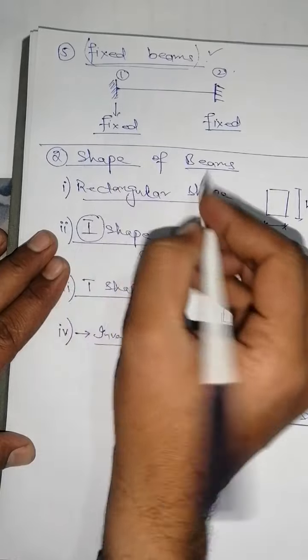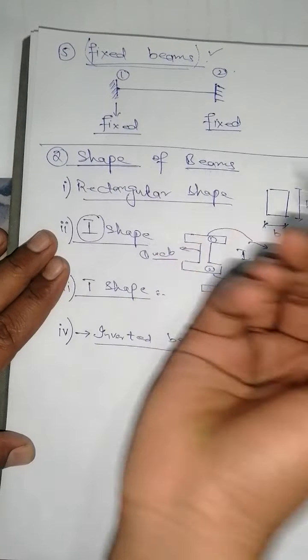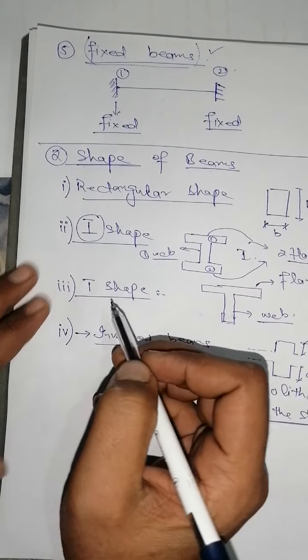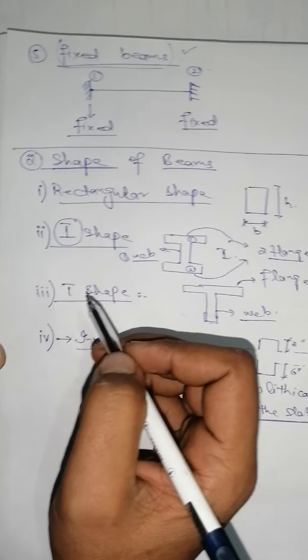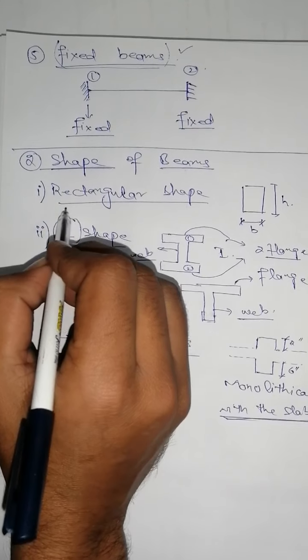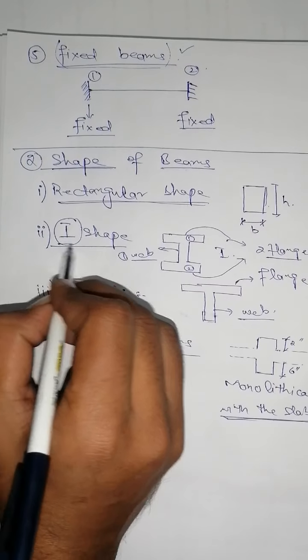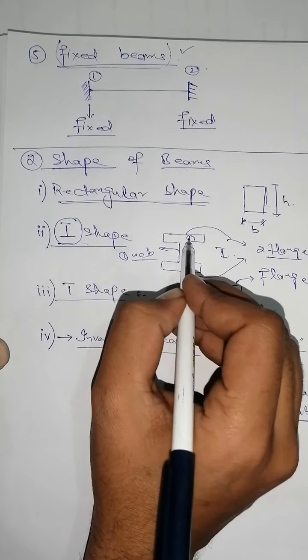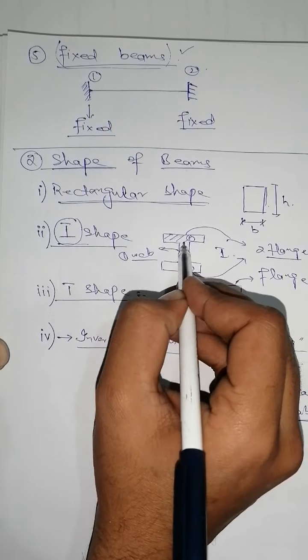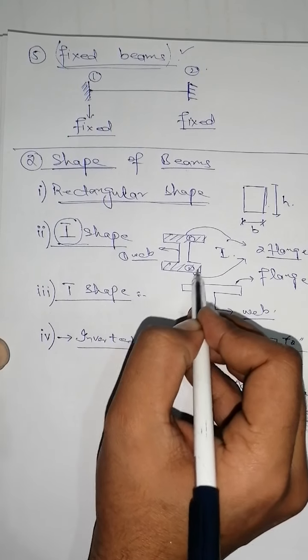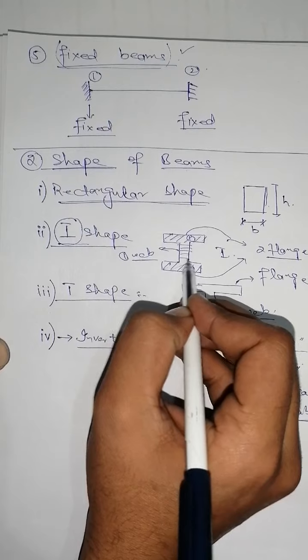Then we discussed the shape of the beam, different shapes of the beams being used in civil engineering structural constructions. First shape of the beam is rectangular shape like this one. Second shape is I shape, this one. It has two flanges. This is known as flange, and this portion is known as web.